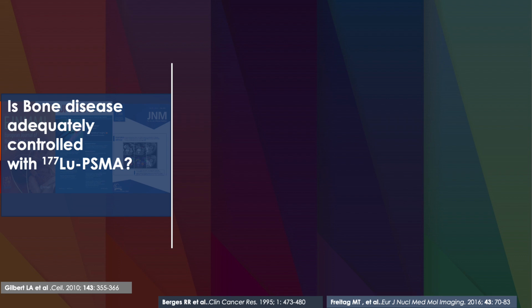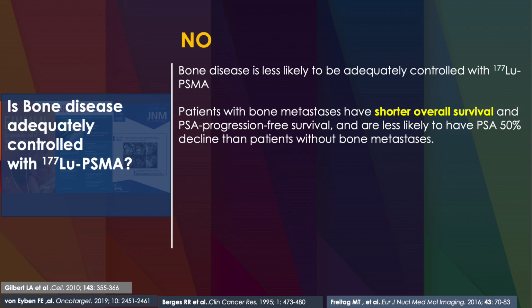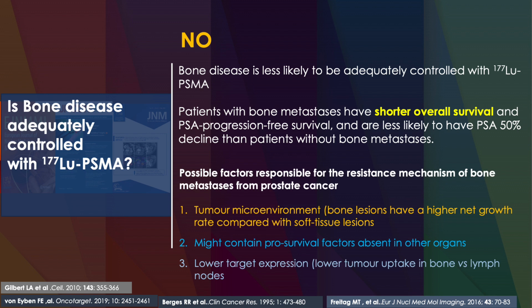Is bone disease adequately controlled with lutetium PSMA? The answer is no. Bone disease is less likely to be adequately treated with lutetium PSMA treatment. Also, patients with bone metastasis have a shorter overall survival and progression-free survival, and are less likely to have a PSA reduction of more than 50% during the treatment. The possible explanation is the tumor microenvironment.